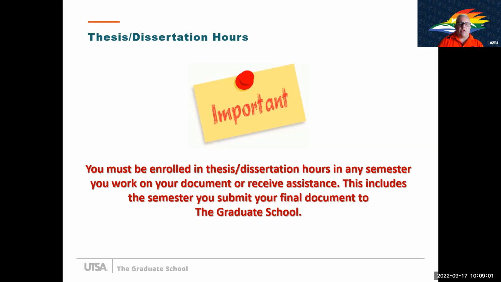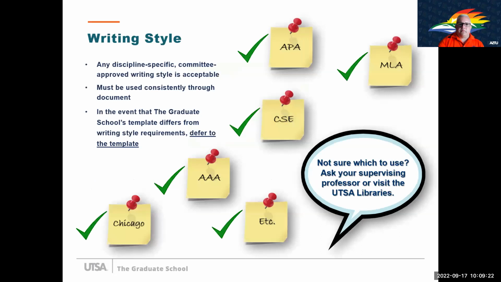Some people are in 3 credit hours. Some people are in 1 credit hour, but you do have to be enrolled in thesis or dissertation hours in any semester you're working on your document, receiving assistance on your document, or submitting your document for graduation to the graduate school.